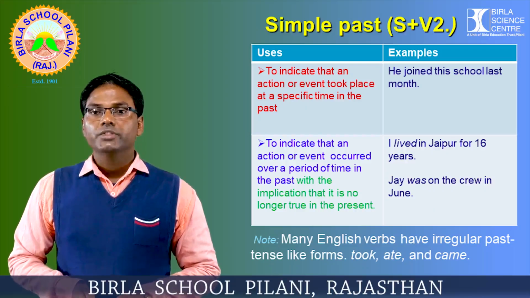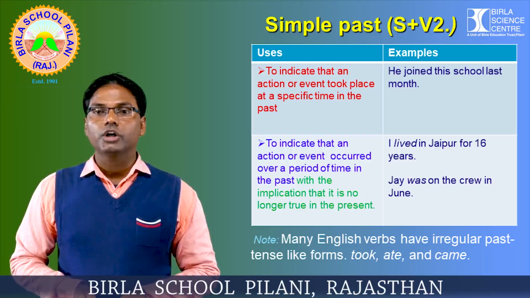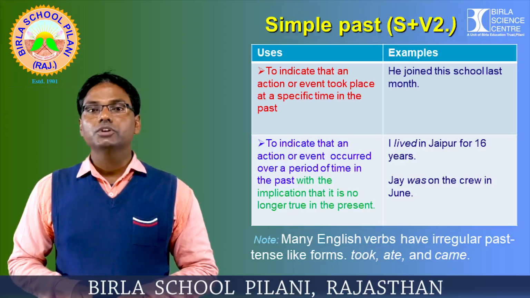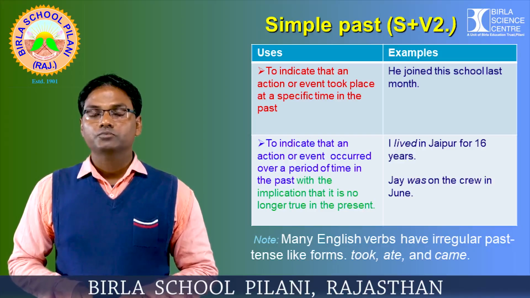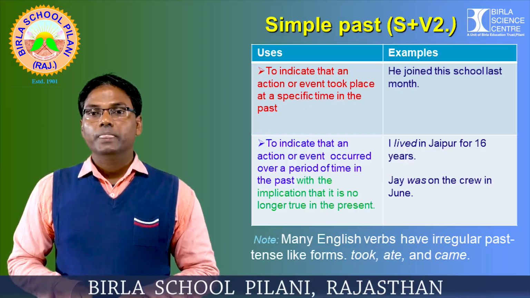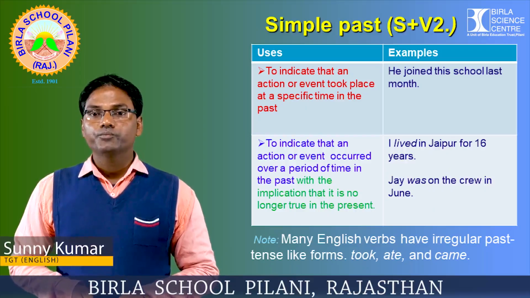Now next example, Zay was on the crew in June. See, he was on the crew in June, but now he may not be there. So indicating such works can be done in the simple past tense. One more thing that you should pay attention to over here is that simple past tense is generally indicated with the second form of the verb.